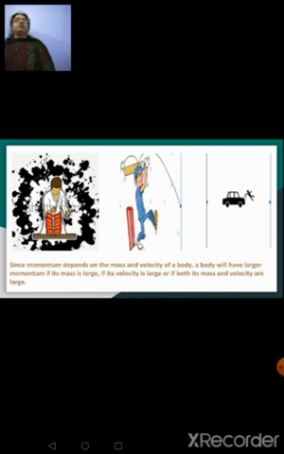Normally when you watch cricket matches, you must have seen the batsman getting hurt by a fast moving ball. The mass of the ball is not that heavy, but when it is coming with a greater speed, it acquires larger momentum, because of which it may hurt the batsman, or you can see him scoring a duck when he hits a bouncer. Similarly, a car may not be moving at a great speed, but it has a huge mass.